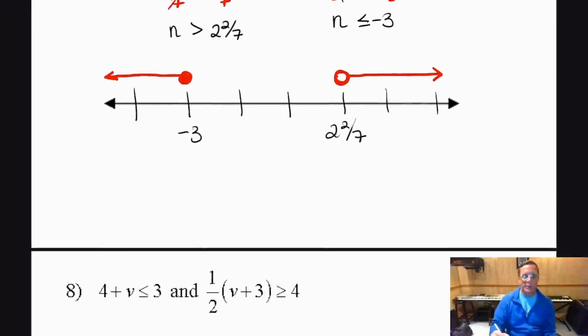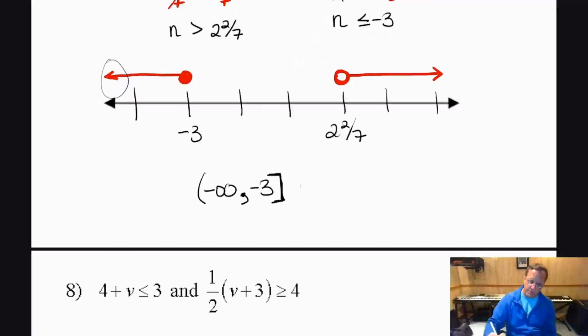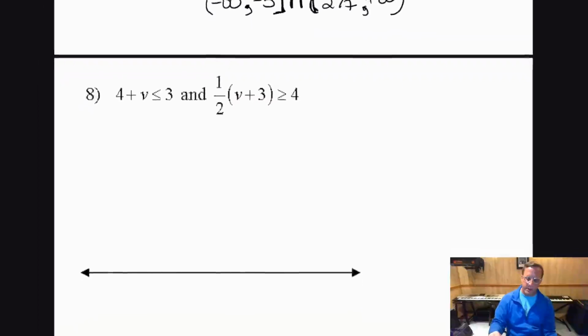When it comes to the interval notation, start from left to right. So we've got parentheses, negative infinity to negative 3, and we're going to close that up with a bracket, and then we're going to do, oops, not the intersection, the union symbol. That's an open point, so we're going to use parentheses, and we're going to do 2 2/7, comma, positive infinity. That's all you can do for that one.